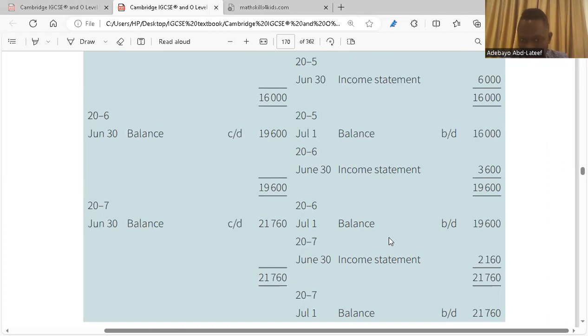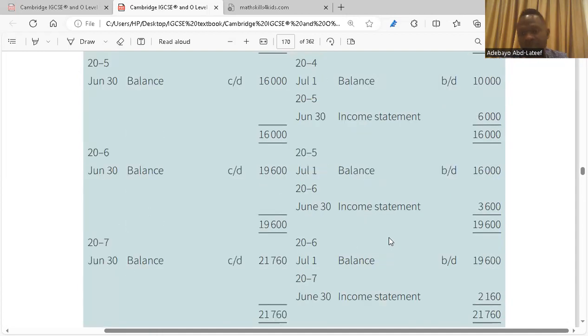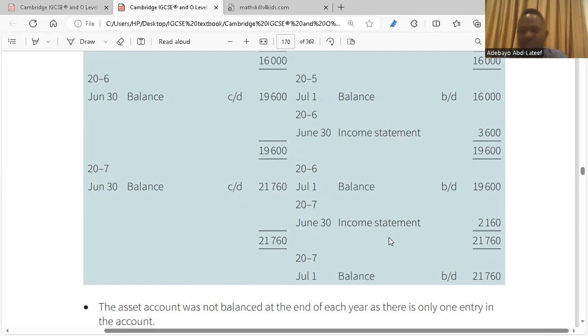The balance brought down is 19,600. The difference between 19,600 and 21,700, which is the total value of that asset, gives you 2,160. That's the book value of that asset. Do you get it?